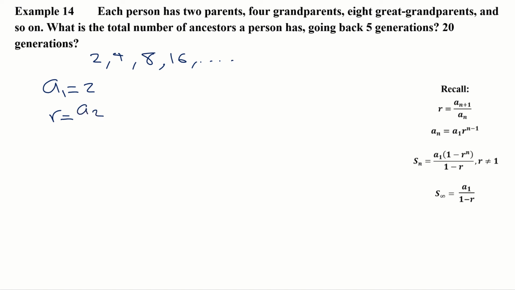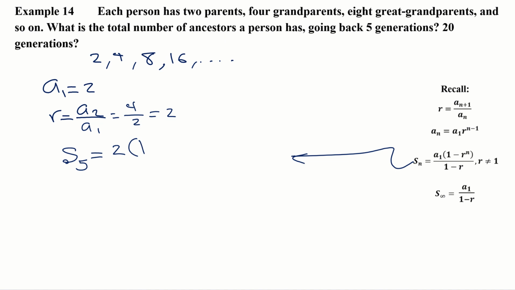So to answer the first part, we're looking at S5. We're going to use this formula. We get a1, which is 2, times 1 minus 2, which is the common ratio as well, to the power of n, which is 5 in this case, over 1 minus 2.